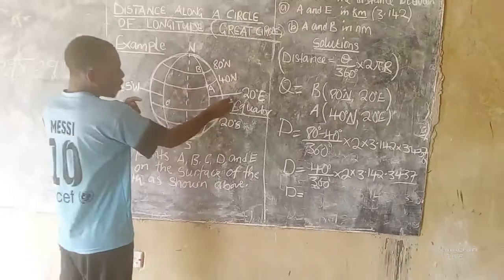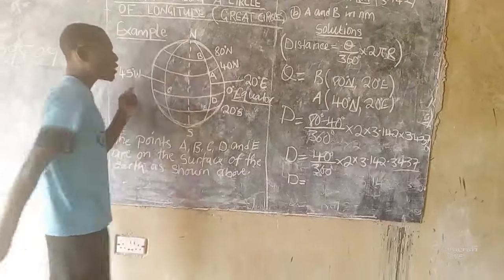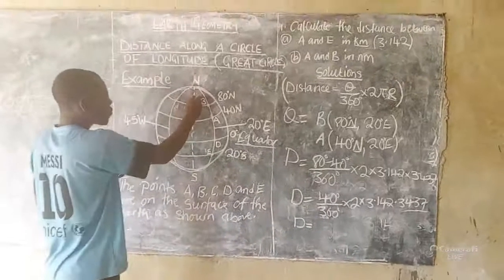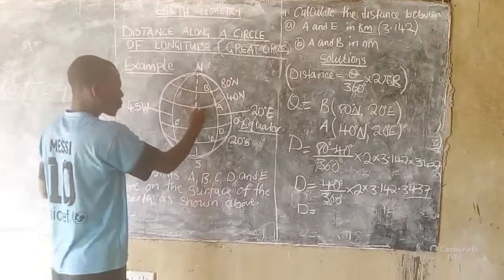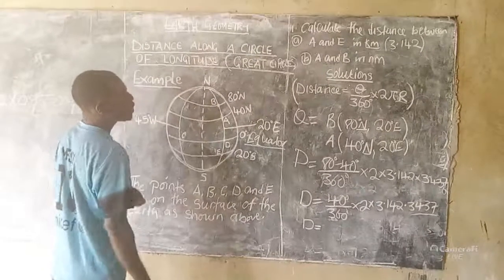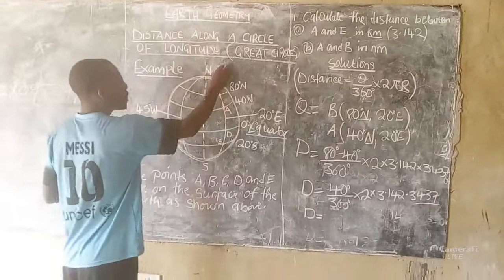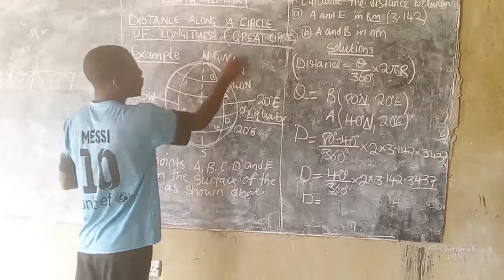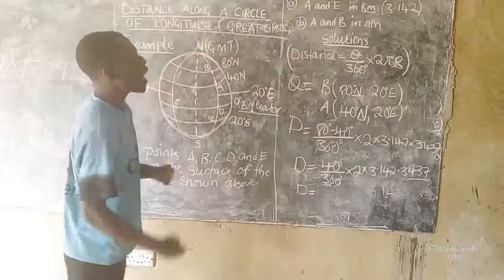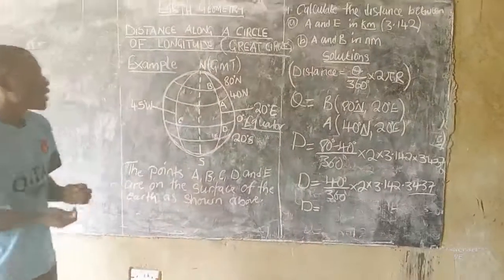Don't worry, when it's at 0, just know that it's the equator. Again, we have this line that is called the Greenwich meridian, GMT time. We use this one to describe Greenwich meridian time.